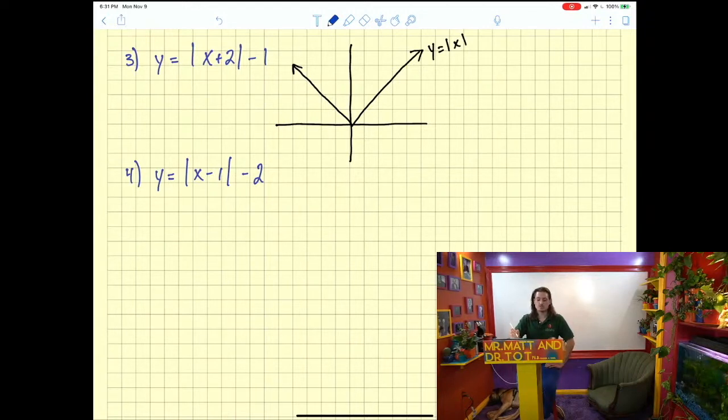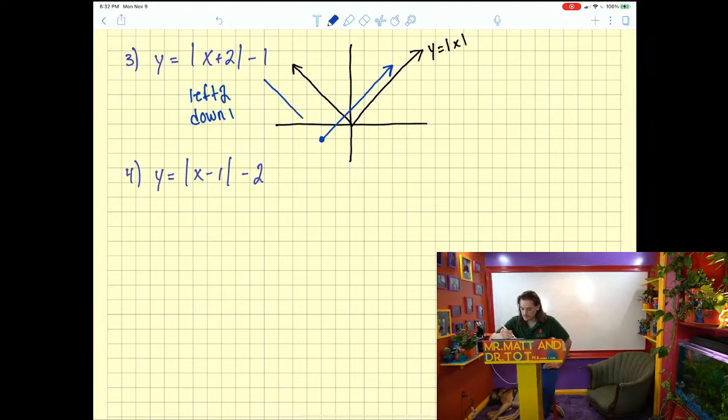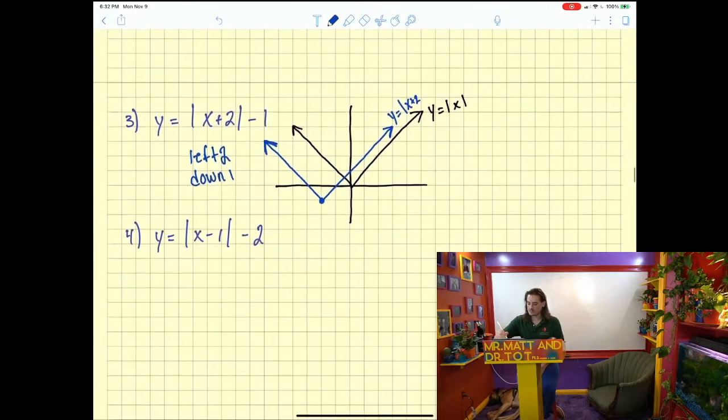So if it's plus 2 on the x, that's actually left 2. The k value is with common sense, so if it's minus 1, that's down 1. So I'm going to take this down 1, left 2. So now this guy will be right here. And that is the graph of the function y is equal to the absolute value of x plus 2, quantity plus 1.